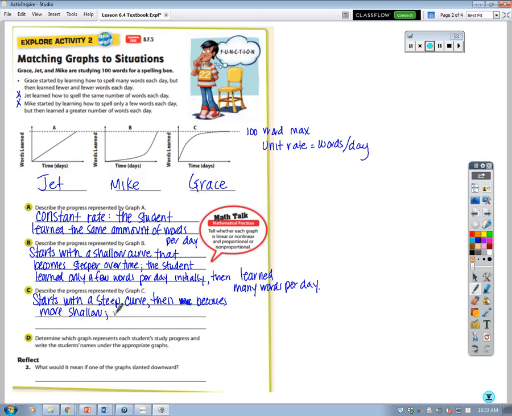Meaning the student learned many words per day. Then learned fewer per day.